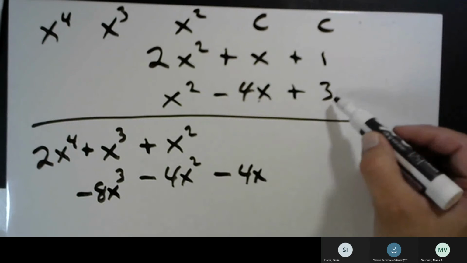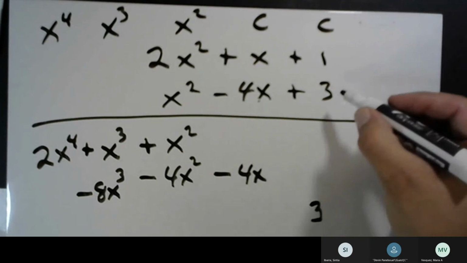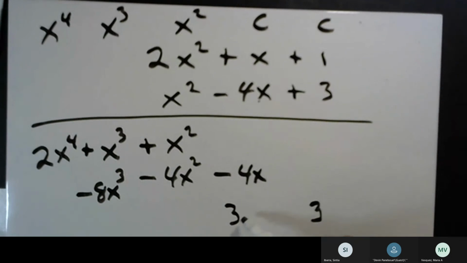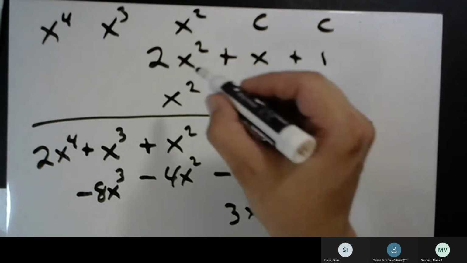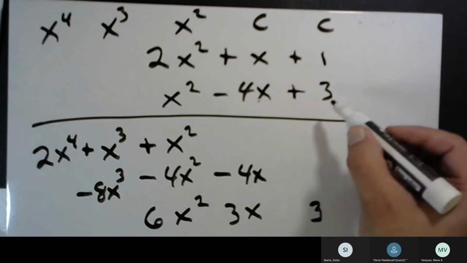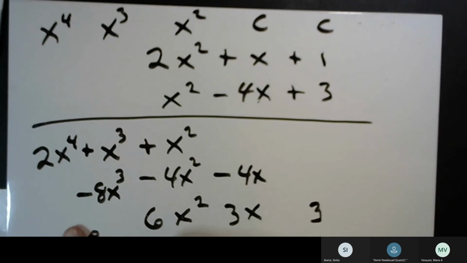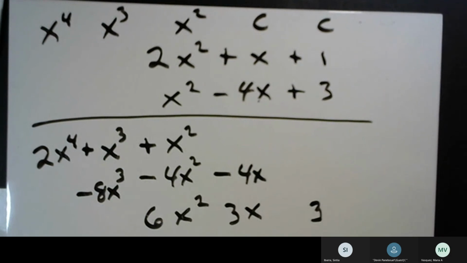And so now we go to the 3. 3 times 1 is 3. 3 times x is 3x. 3 times 2x squared is 6x squared. Oh, I already got that one. And that's it. We're done.